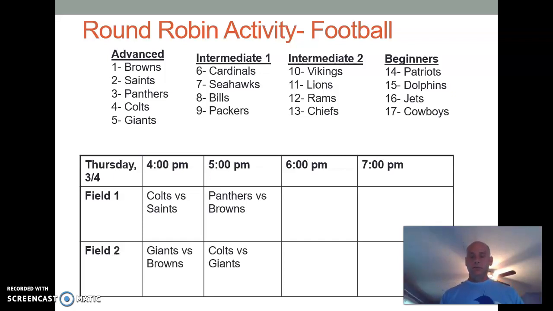We used advanced, intermediate, and beginner. You may have male and female. You may have male, female, and co-recreational. You may have other ways that you may want to do it, but you just have to make sure you have a policy of why you're doing it that way, and then figure out how many games each team's going to play, and then put it down into a schedule and create that round robin tournament or schedule for the participants.